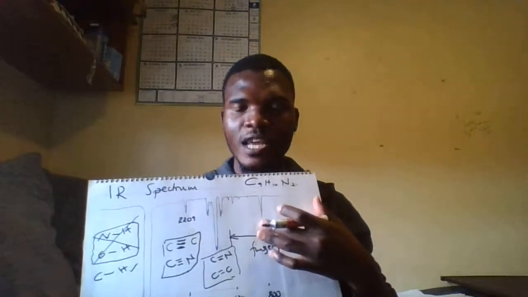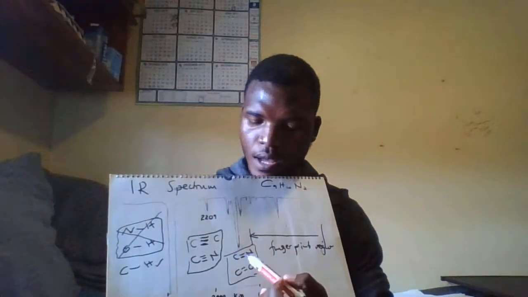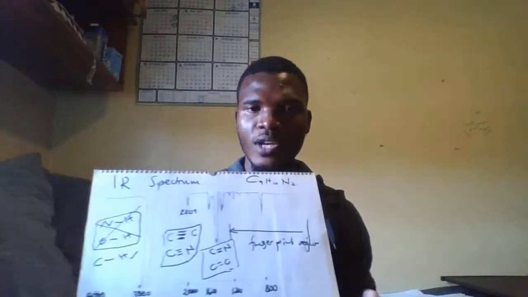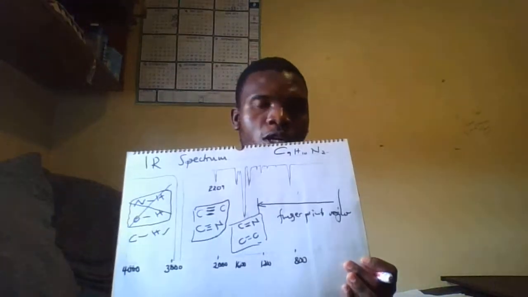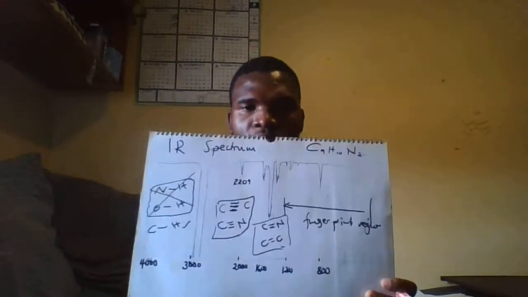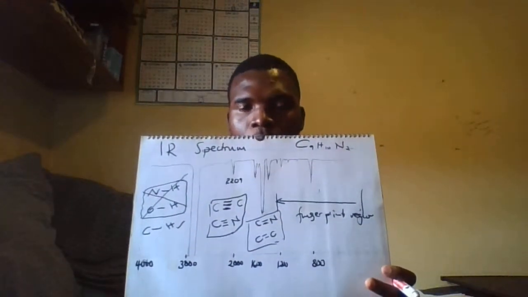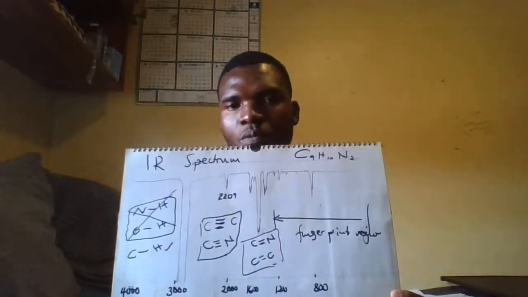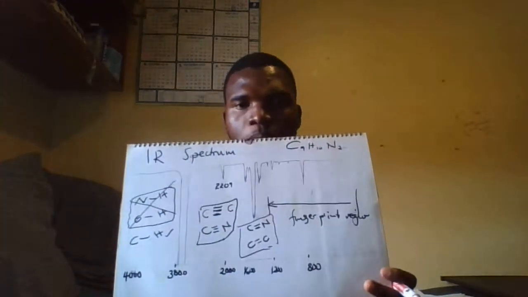I'm going to revisit it later, but for now, consider these three. They can actually give us a clue of what we are looking for. So with that being said, this is what we have regarding the interpretation of this infrared spectrum.